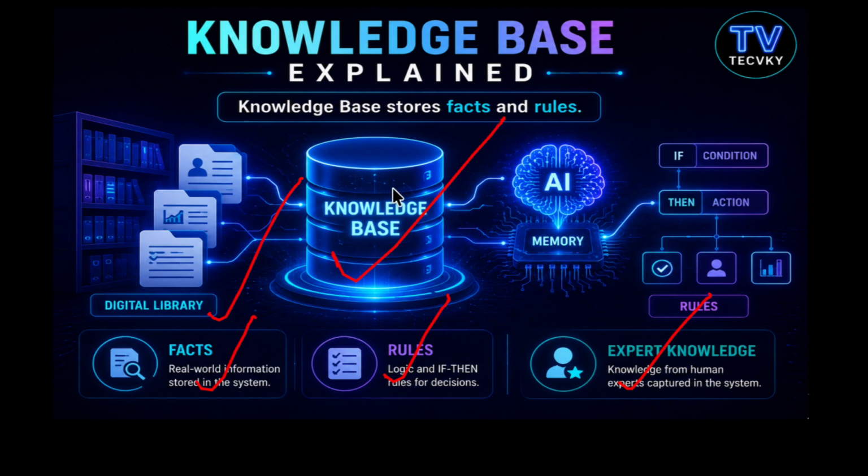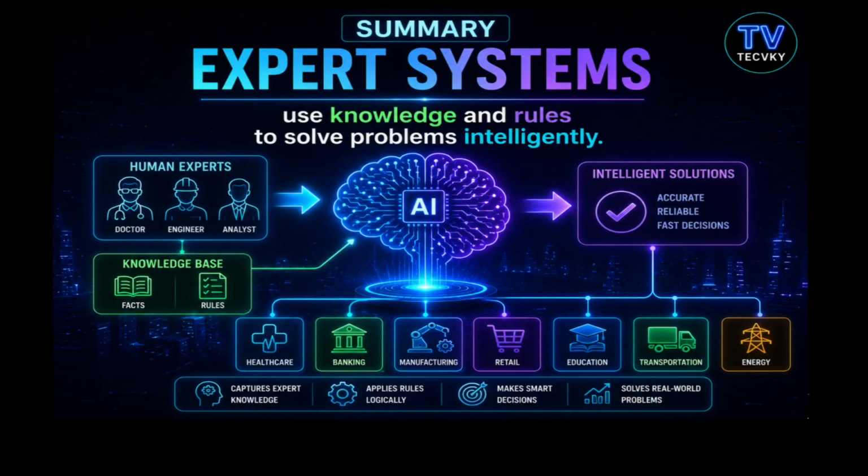On the basis of that only, the AI is going to make any decisions and solutions. So the inference engine also depends on the knowledge base to make decisions and provide solutions. To summarize, expert systems use stored knowledge and logical rules to solve problems. They are designed to provide expert level recommendations and support decision making.